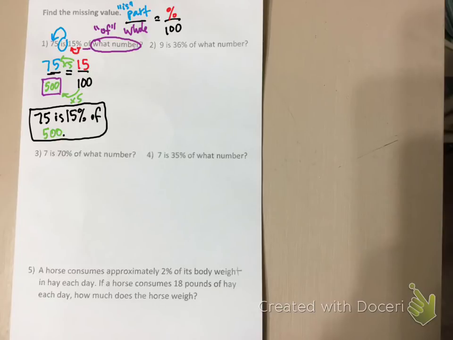So again, we're going to start with the word of, and we're going to look after it, and it says what. So that tells us what we're missing is the of or whole number. So here's my frame. Just like the last one, we're missing the of number.